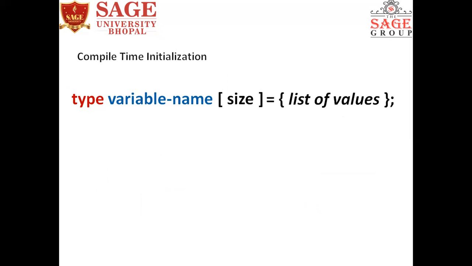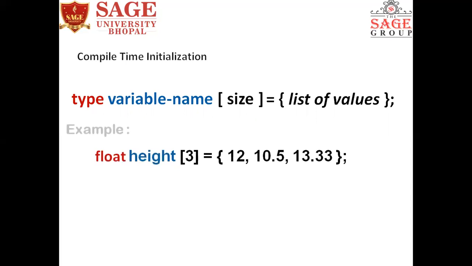When it comes to compile time initialization, you have to specify the type of array, provide a variable name and the size of the array. Along with that, you have to provide the list of values at the time of declaration because it is compile time initialization.